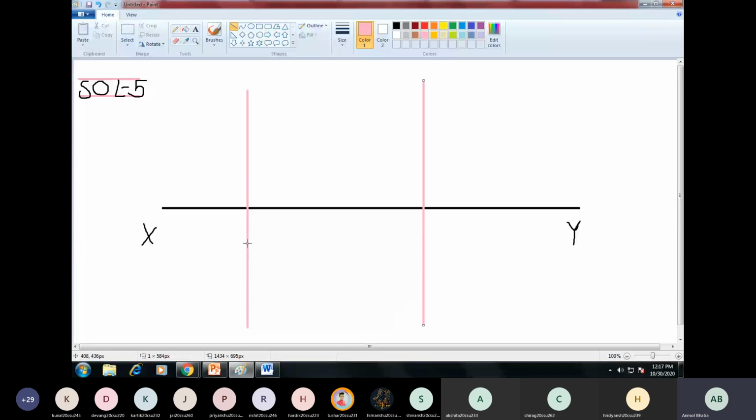So the XY line is there, I have made two projectors. Now between these projectors, what distance am I having? How much is the distance I am having between the two projectors? 60 millimeter. 60 millimeters, no? Okay. I should have made this line a bit darker because this one is a dimension line.